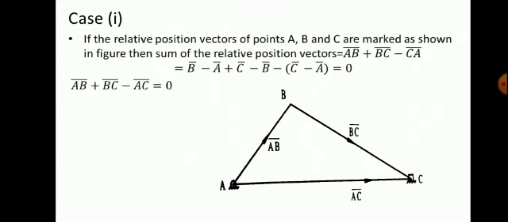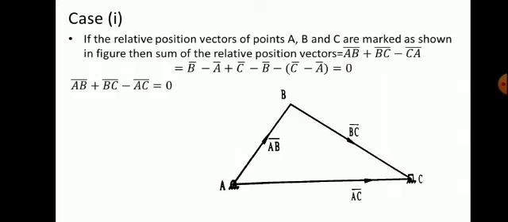We can see this same thing represented: AB, B minus A, and BC, C minus B, minus AC.